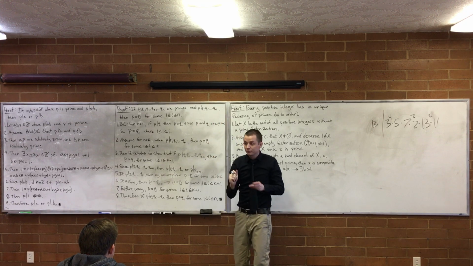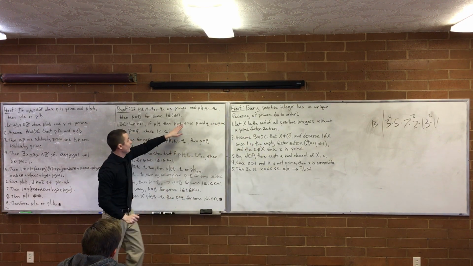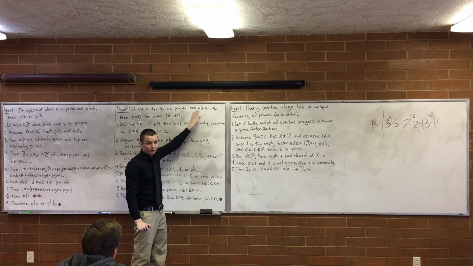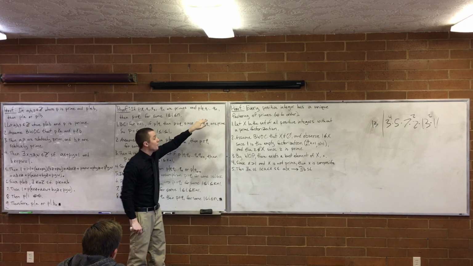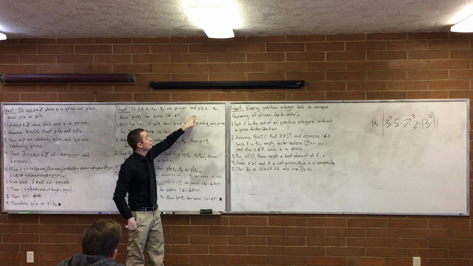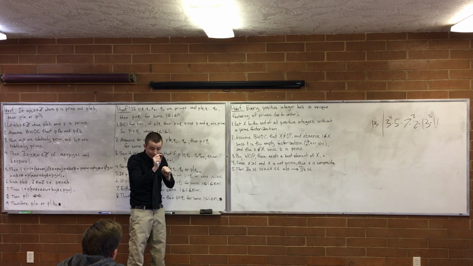And we're going to prove this by induction. So we're going to start out with showing that if P divides one prime, then P is equal to that prime. With me so far? Okay. Then we're going to assume P divides K primes. So what do we mean by that?